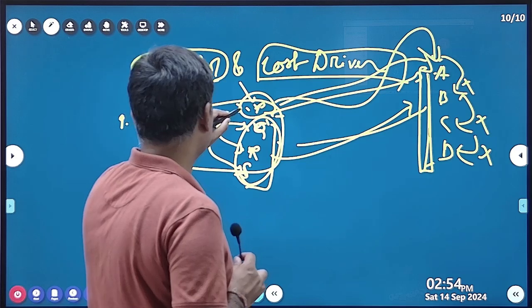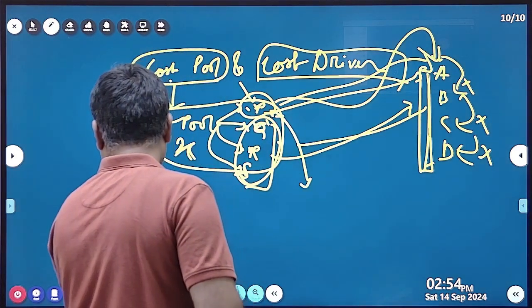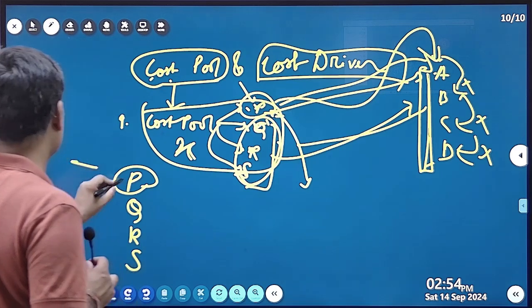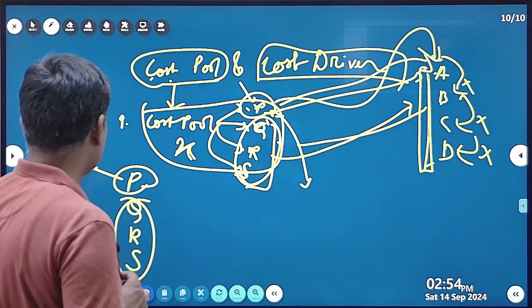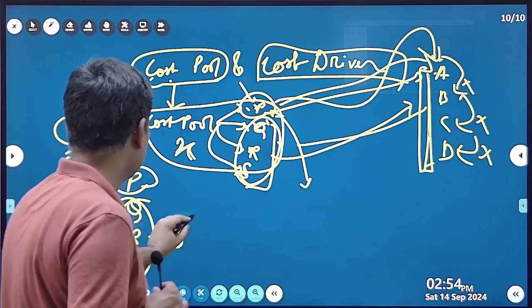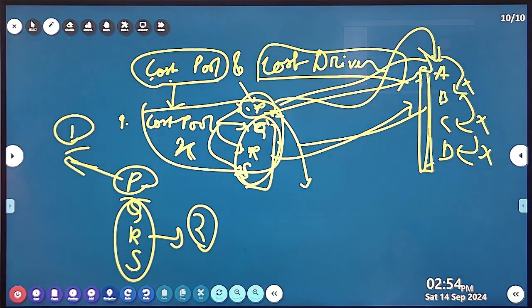For this we will prepare a separate cost pool for P, and for Q, R, S we will prepare another cost pool. We will prepare cost pool 1, we prepare cost pool 2. So you got my point?